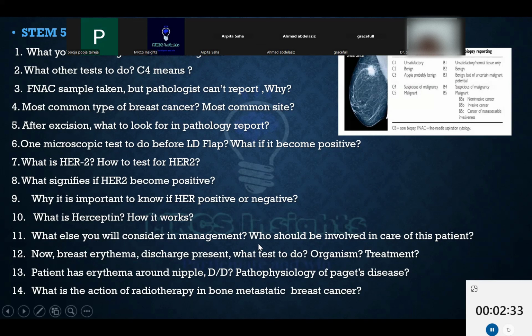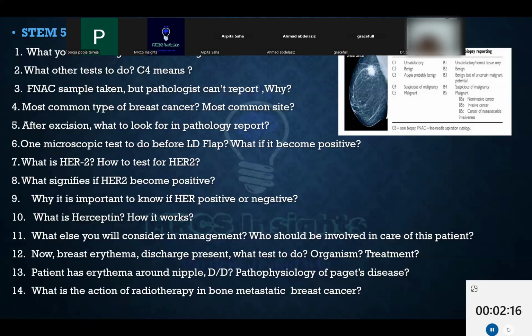For who should be involved in care, I will involve the oncology team, discuss it in the multidisciplinary team, and involve the plastic surgeon, as it may require a flap or reconstruction.